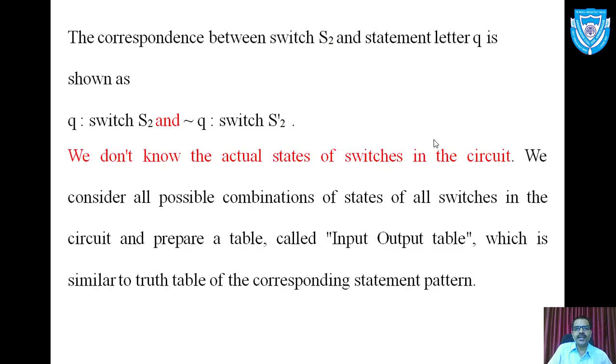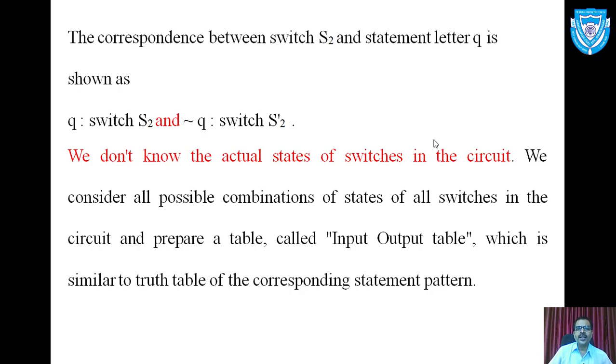The correspondence between switch S2 and statement letter Q is as shown below. Q represents the statement switch S2 is closed, meaning that for switch S2 to be in the closed state, we use the symbol Q, and for switch S2 to be in the open state, that means S2 dash.